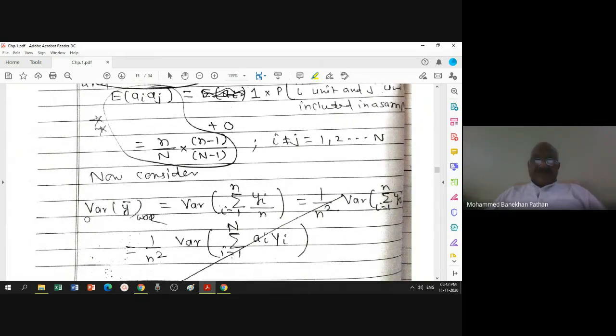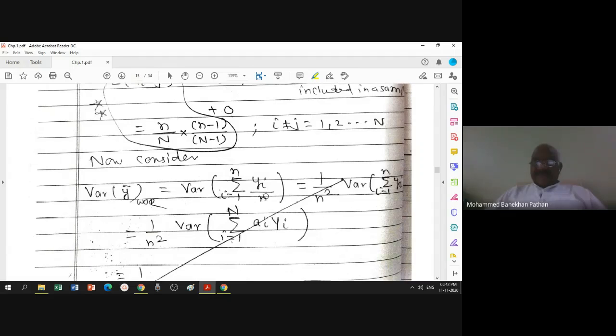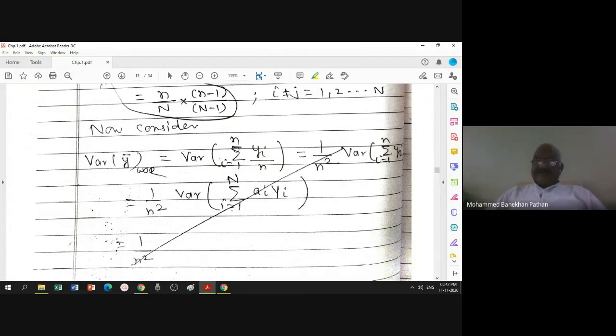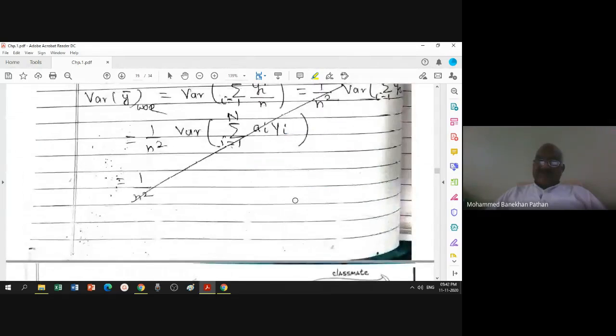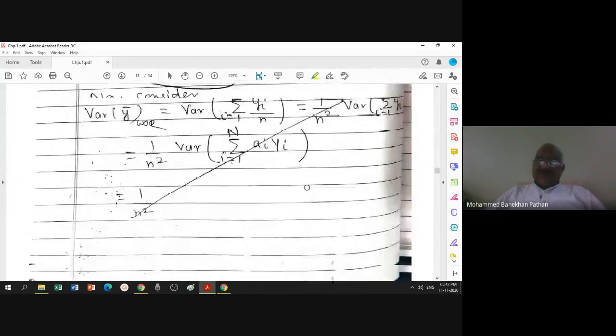Now consider variance of y bar under without replacement, which is variance of summation yi upon n. This n is a constant, so it will be taken outside as a square, times variance of summation yi. This is written in terms of population quantities. The procedure will be continued, but this approach is another way.